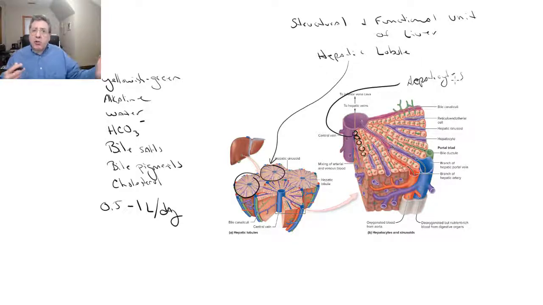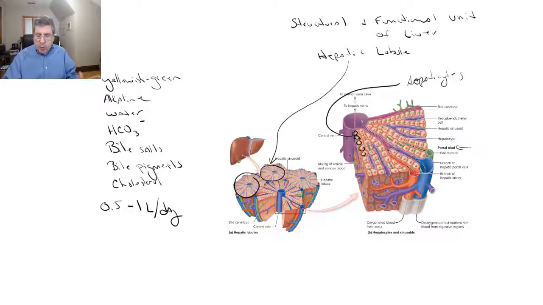And hepatocytes are the cell that's actually producing the bile. Okay, so that's where it's coming from. So part of the hepatic lobule, okay, at the periphery, at the outside edge, we have what's called the portal triad.